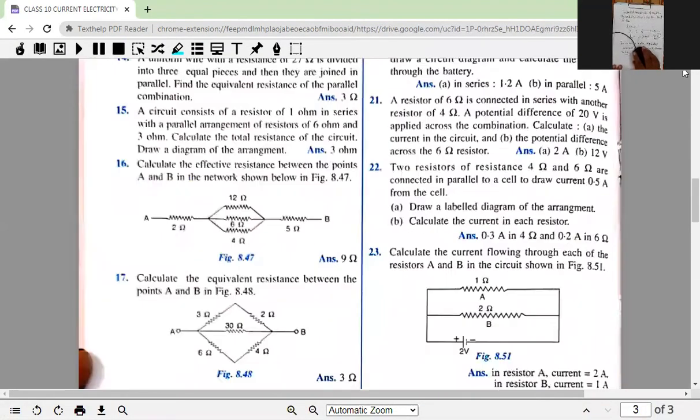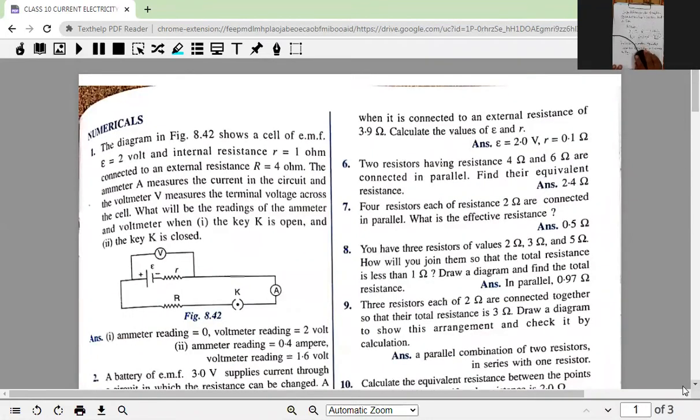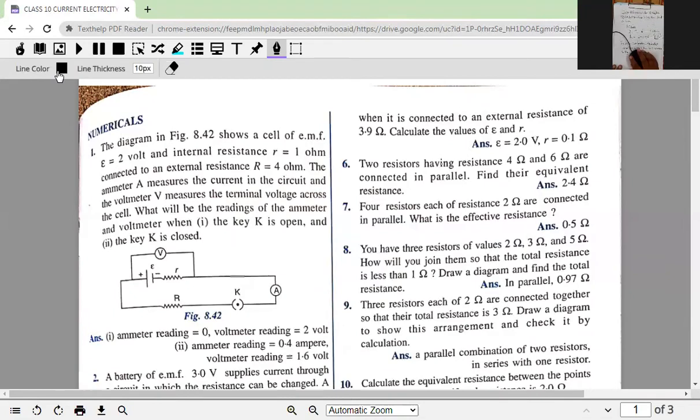Now today we will do some questions from here, which are based on the equivalent resistance.